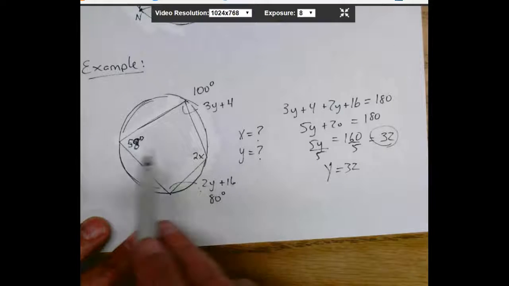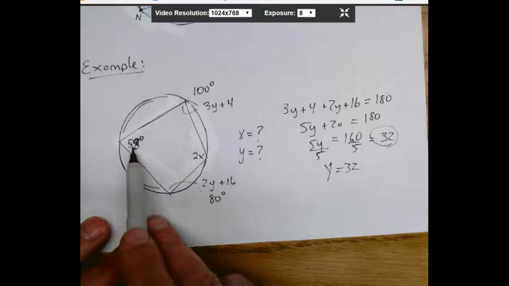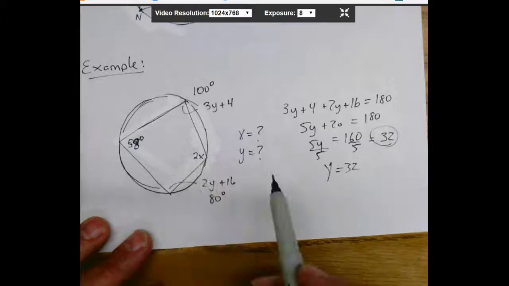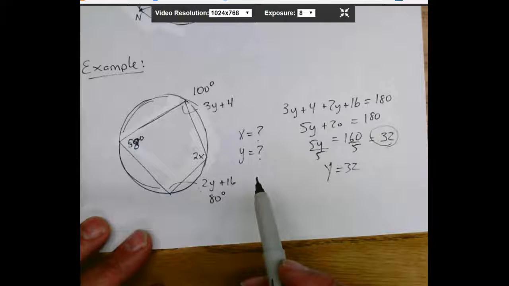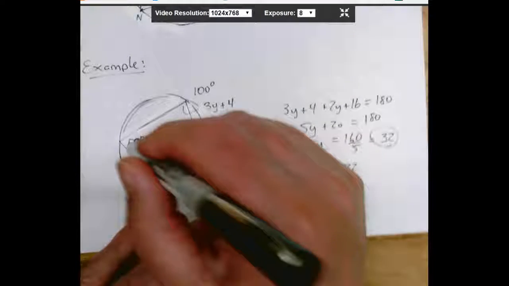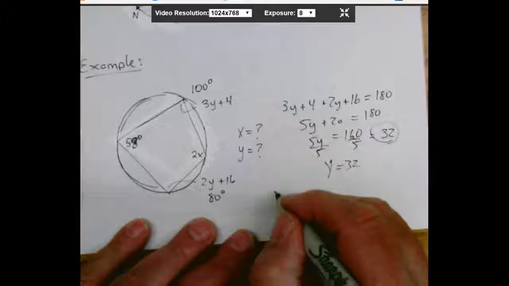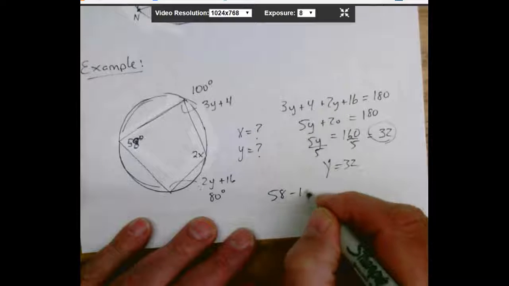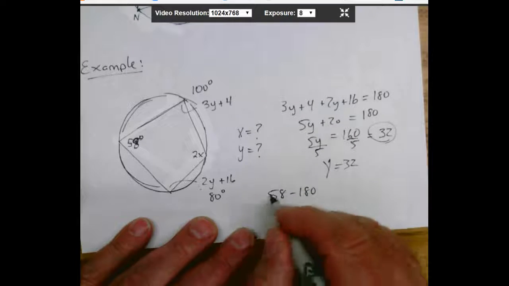So then we have this one. So then we know 58 plus 2x equals 180. But we can think about it because we know 58, so for the x, we should probably do 180 minus 58.